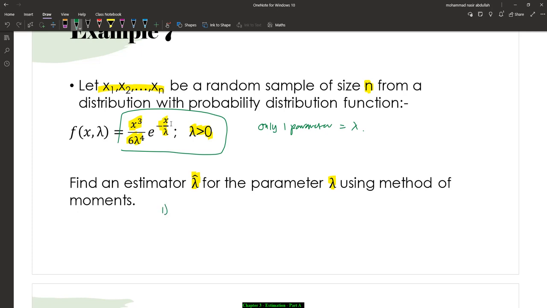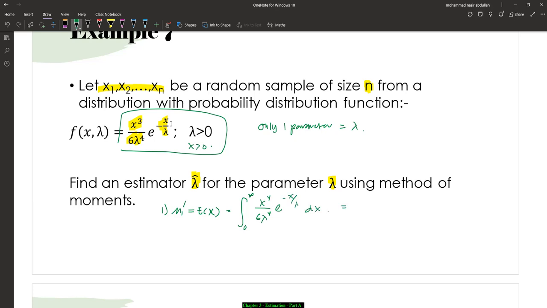So first step, we need to find the mu1 prime, which is the expected of x. Since this is a continuous random variable, we integrate from 0 to infinity, x power of 4 divided by 6 lambda power of 4 exponential negative x over lambda with respect to x.